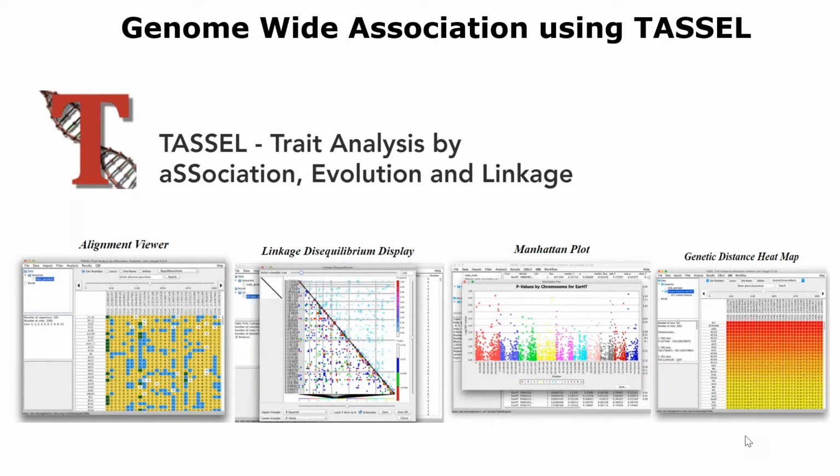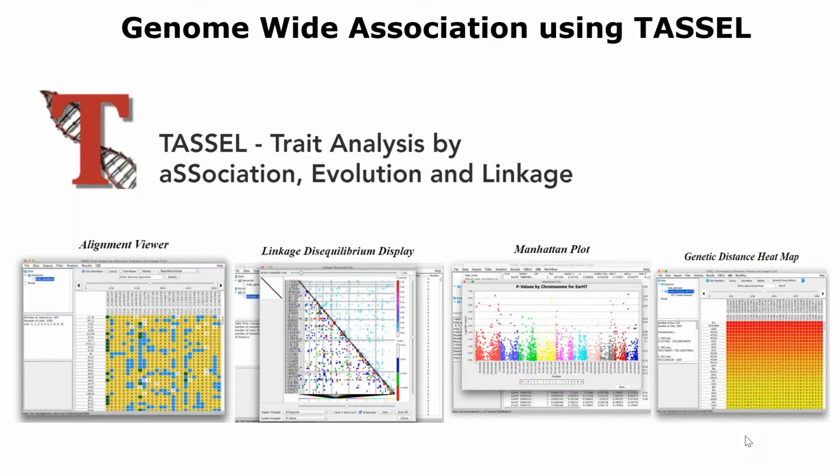So we use different platforms to do this association mapping. One of the approaches is the TASSEL platform, to find our region, and at the same time we also use the Q by E method, QTL by environment analysis. I use specifically this platform, TASSEL.